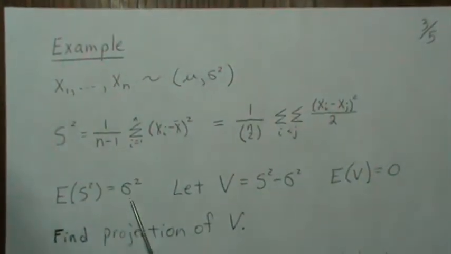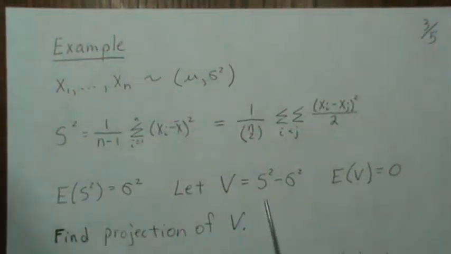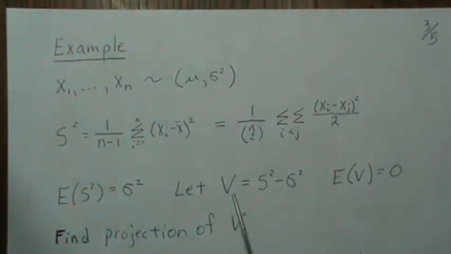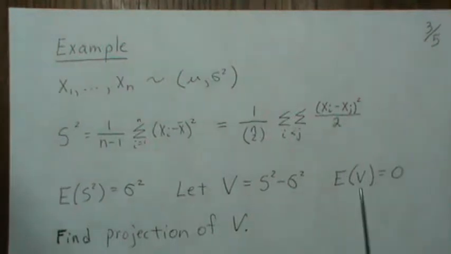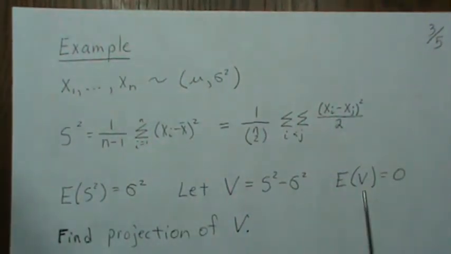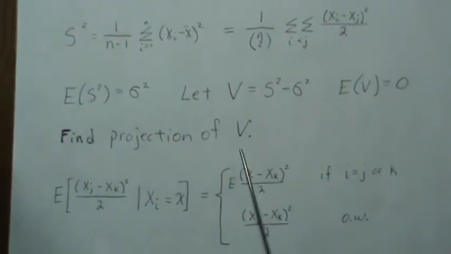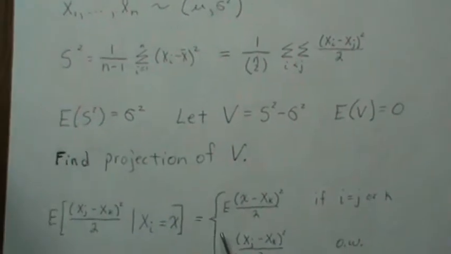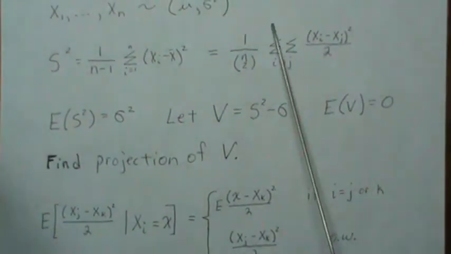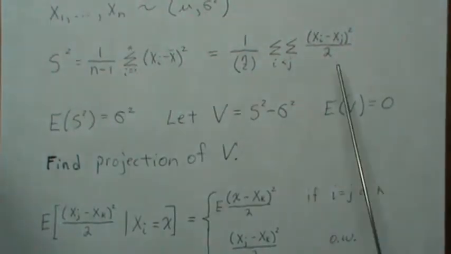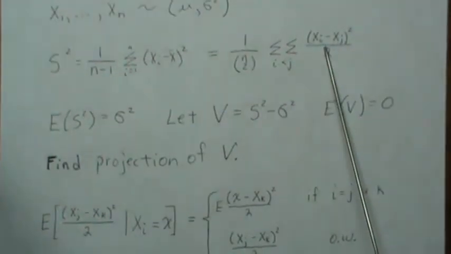Now we know its expected value is sigma squared, and so we take s squared minus sigma squared as our variable or test statistic, and its expectation is 0. So we're set up for theorem 1. So we find the projection. We're going to do this in pieces. Ultimately we want the projection of this, but we're going to look at this piece by itself for a second.